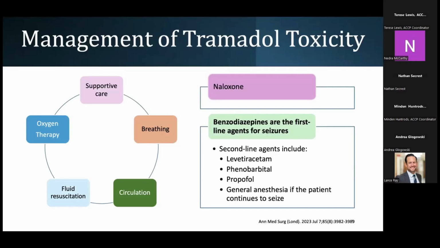The first-line management is going to be supportive care with airway management and CPR for circulation, and in some instances, patients may require fluid resuscitation or oxygen therapy. In addition, patients can be administered naloxone if they present to the ED with decreased levels of consciousness or if they're unresponsive. For seizures, the first-line medications are benzodiazepines, and second-line agents can be levetiracetam, phenobarbital, propofol, or general anesthesia if the patient continues to seize.